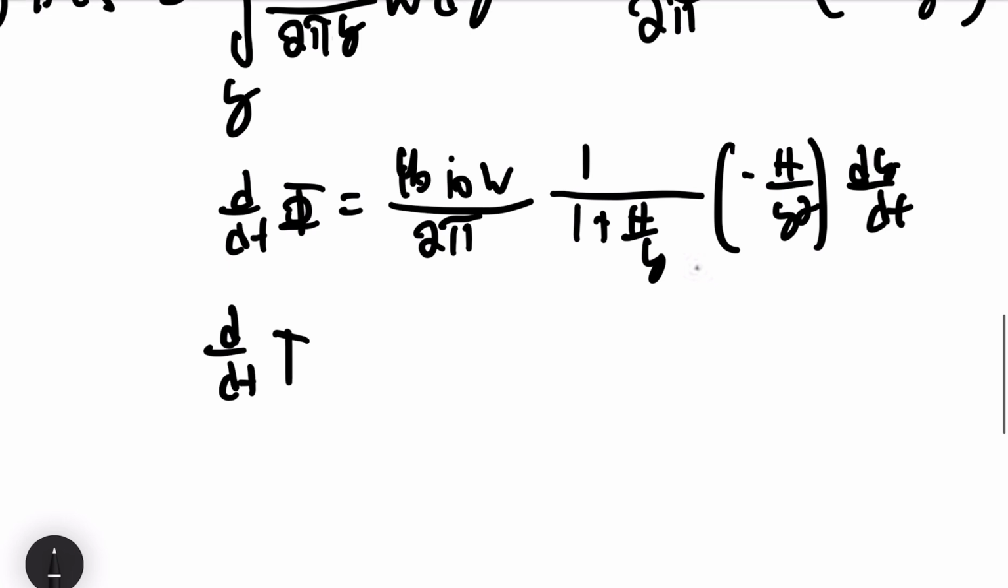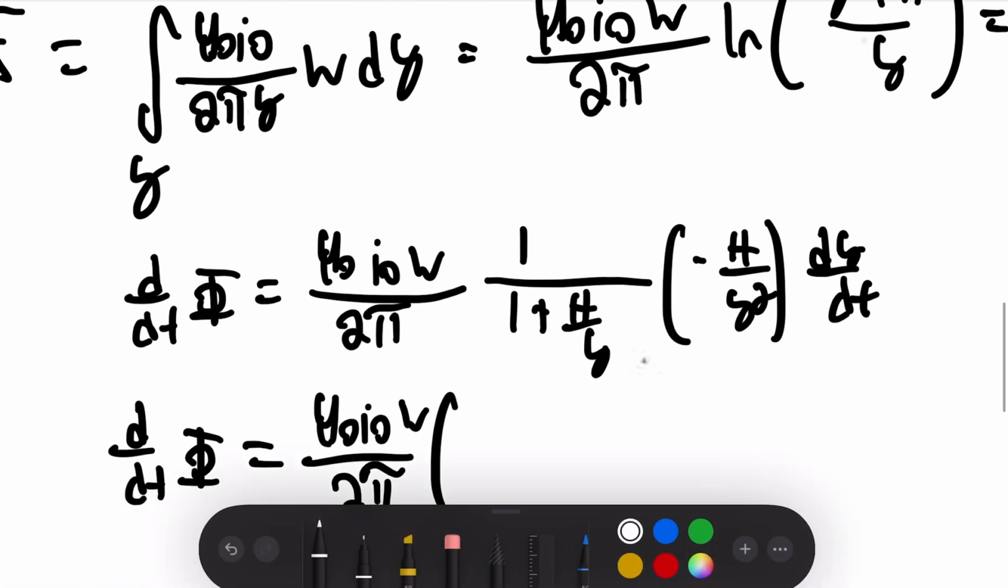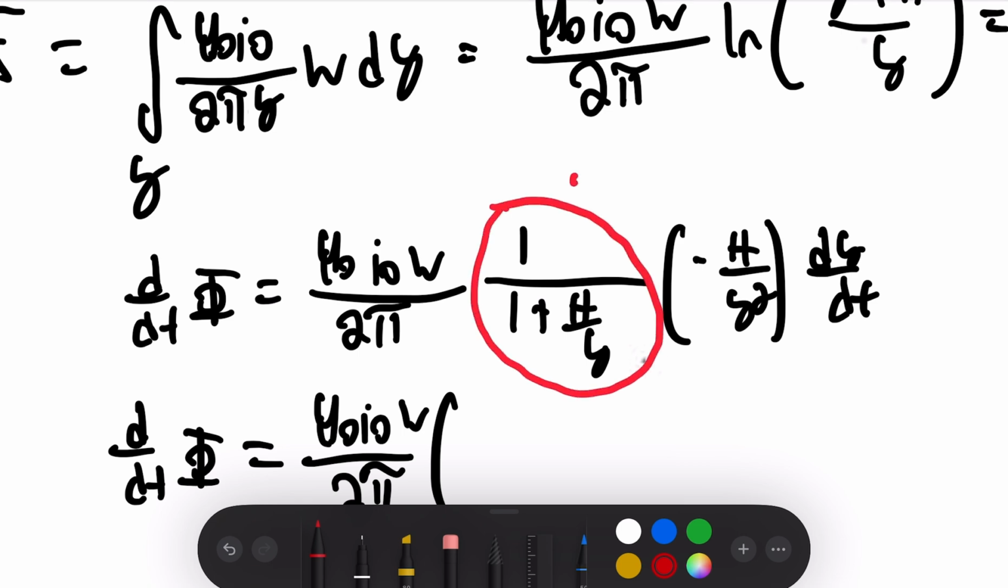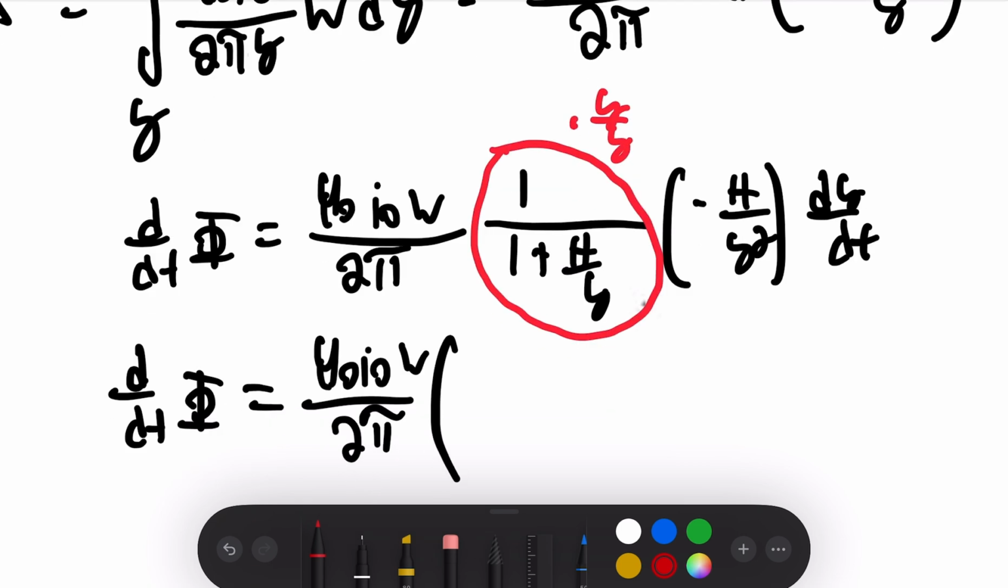d/dt of the flux is equal to mu naught I naught w over 2 pi. I'm going to find a common denominator here by multiplying by y. So I'm going to get y over y plus h.